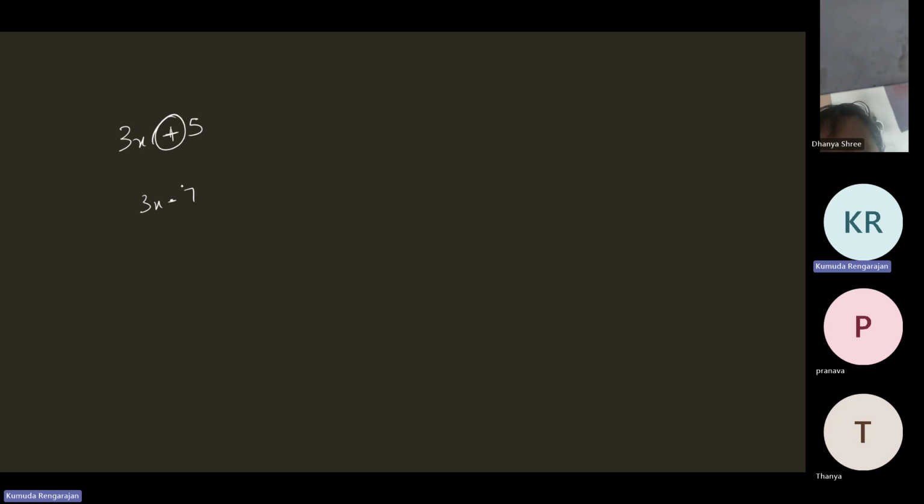Option A. So in the assertion statement, what is spoken about? How expressions are formed, correct? Yes, ma'am. They are formed by performing operations like addition, subtraction, multiplication, division, etc. So in the assertion statement, the discussion is about expressions.